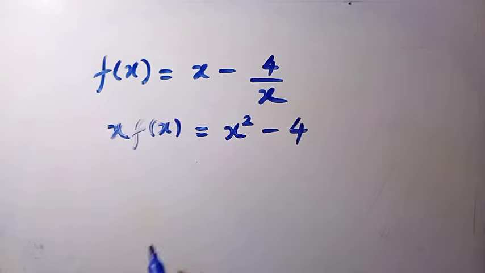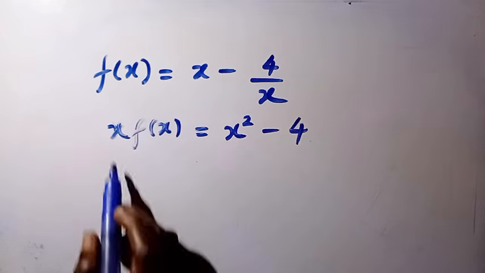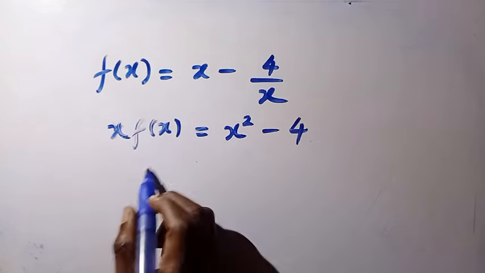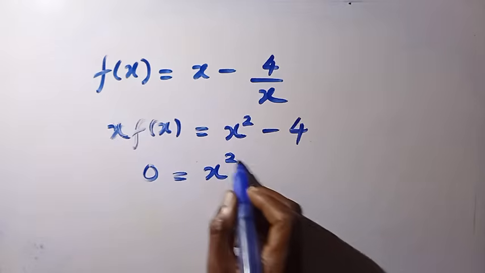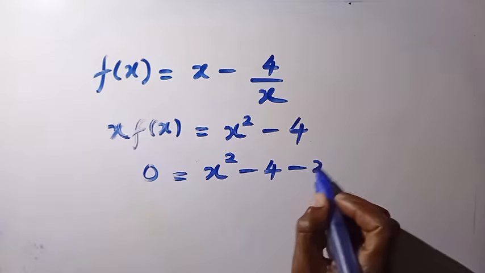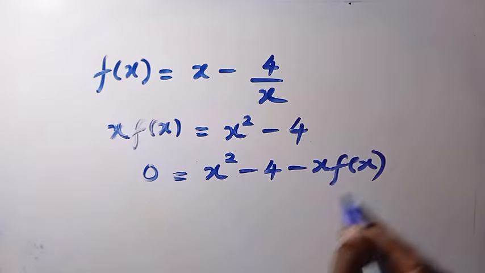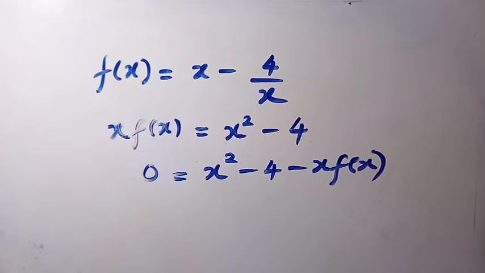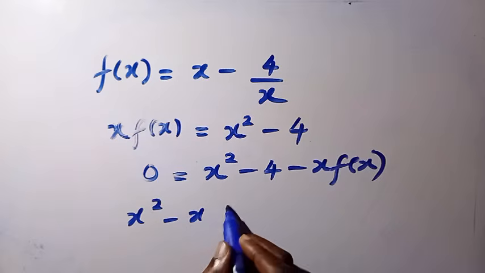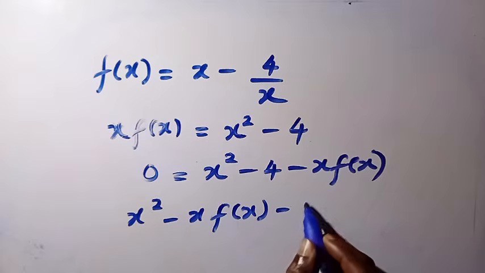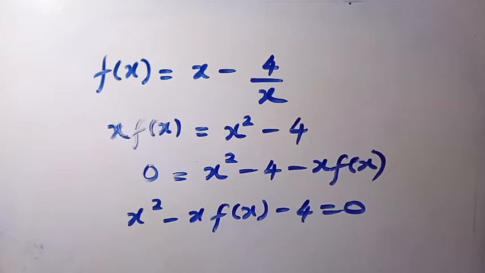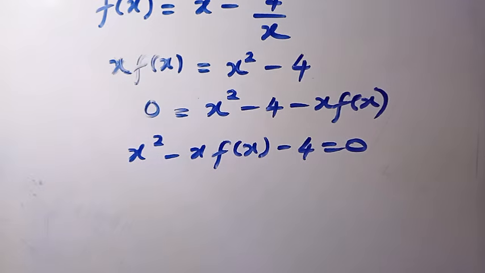And I'll make x squared the subject of the formula. Let's say if I take the whole of this to the other side, we have 0 equals x squared minus 4 minus x f of x, which we can rewrite as x squared minus x f of x minus 4 equals 0. This is a quadratic equation.